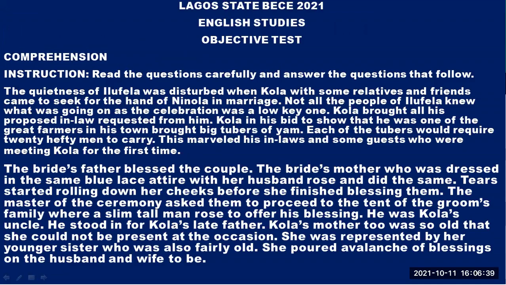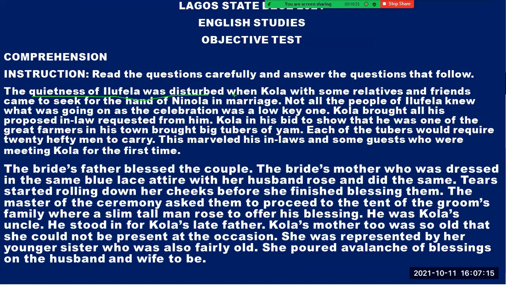You can see we have it even in the very first sentence here. The quietness of Ilufela was disturbed. You see, these are the keywords, and this provides us the context clue. So this is where the answer is located. Once you capture the context clue, you get back to the passage, and when you find those keywords, you look up the information that will provide the exact answer to the question.